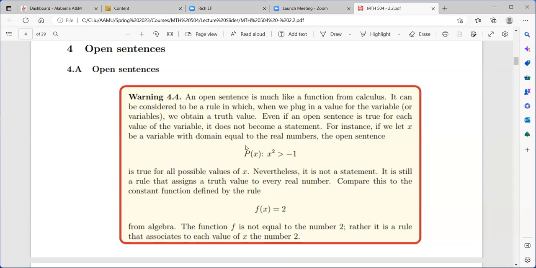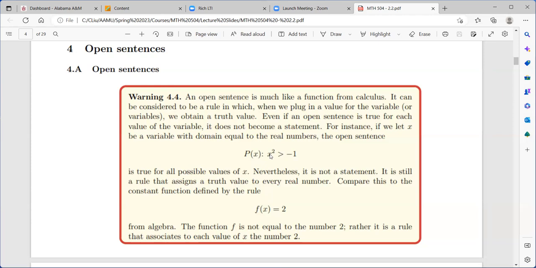Of course, we know the square of any real number will be greater than or equal to 0, so it'll be greater than -1. So this inequality always holds for any value of x. But this is still not a statement. It's still an open sentence because you don't know what x is.